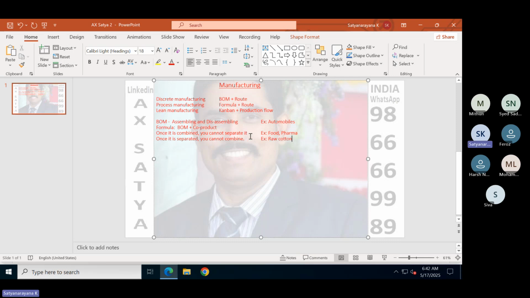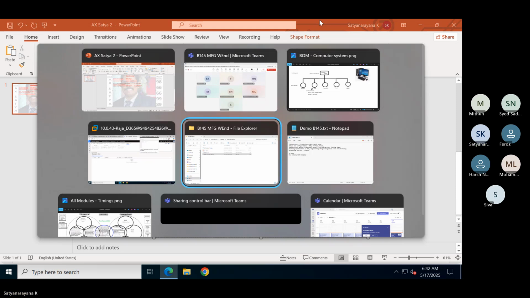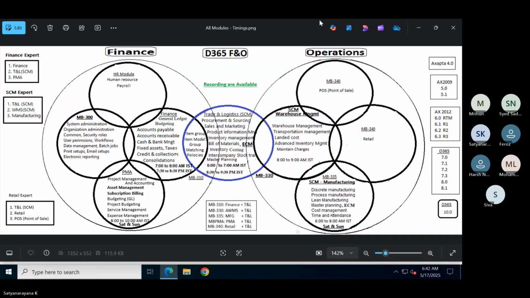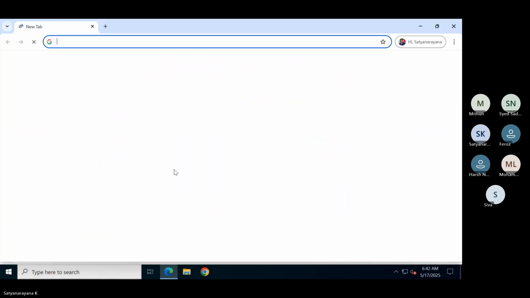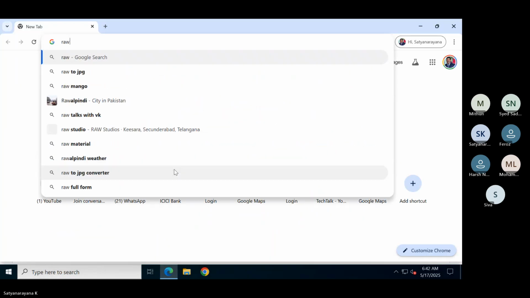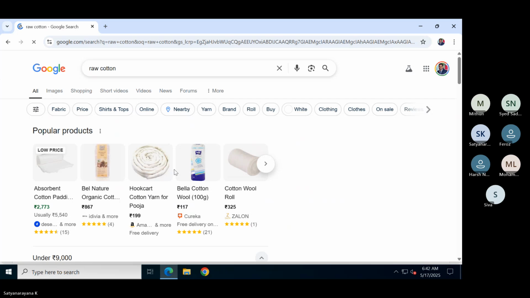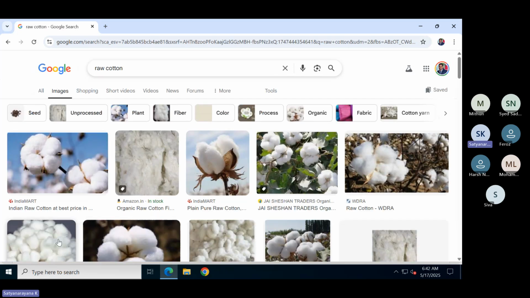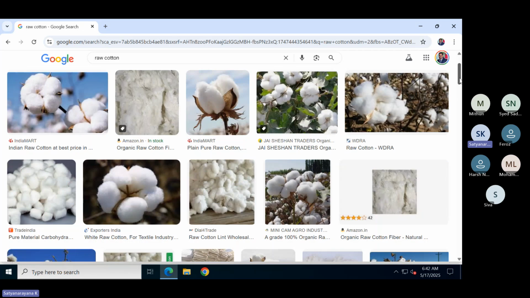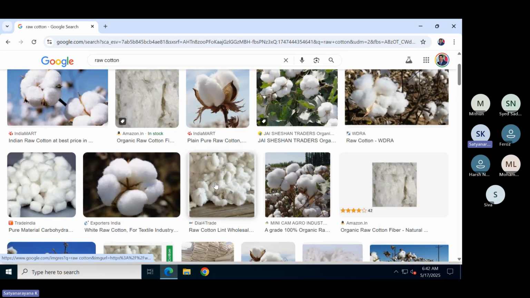From raw cotton, we can separate cotton plus cotton seeds.